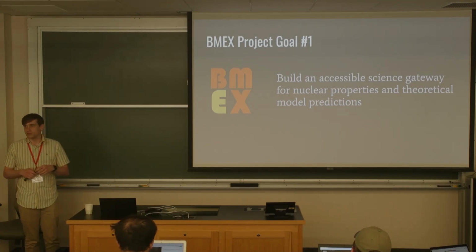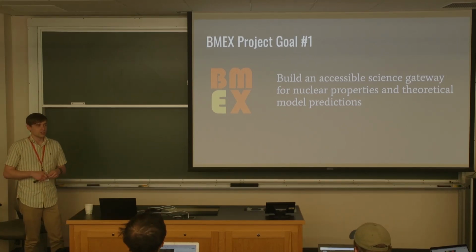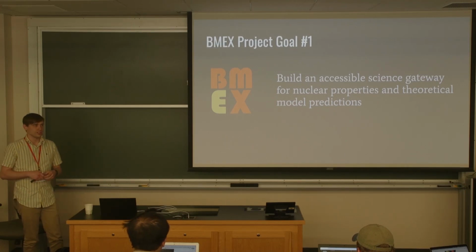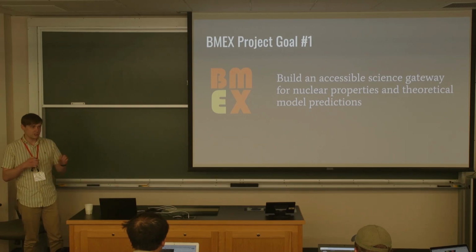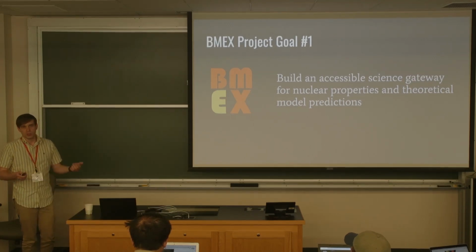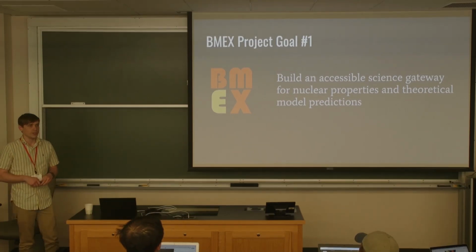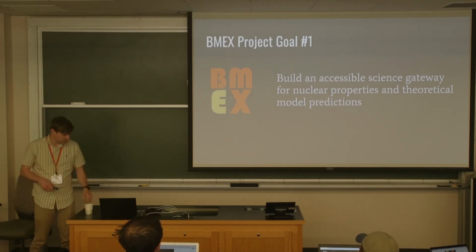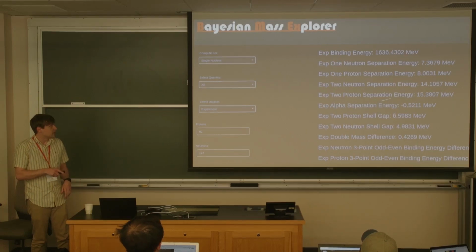As you might guess, masses was a leading motivator for us, but we also have related quantities, so things that can be derived from variations of these masses, but also we've started to add more stuff to the framework just because it's really extensible and it gives us a nice place to proof various tools that we're developing within the band collaboration. So this includes things like masses for experimental quantities and again these derived quantities.